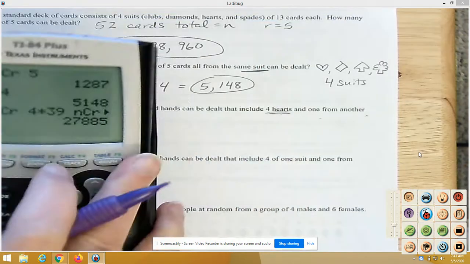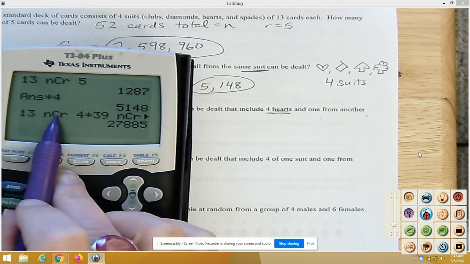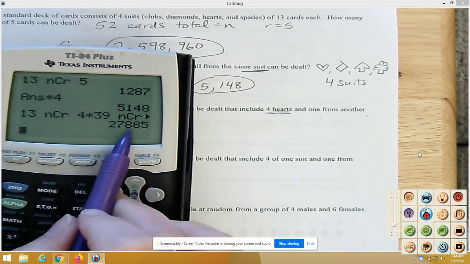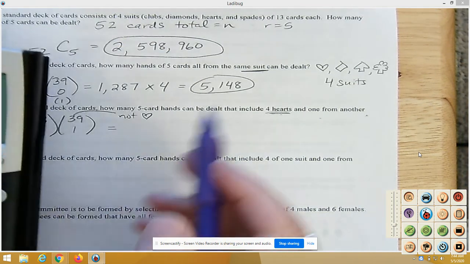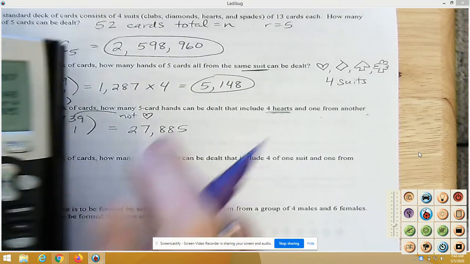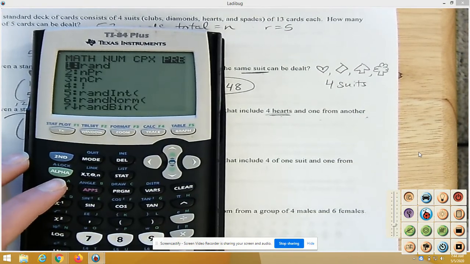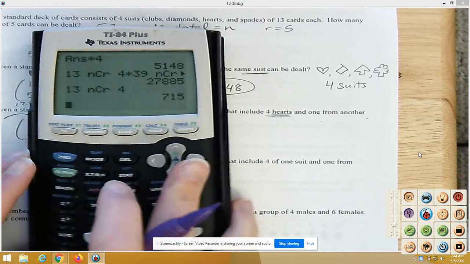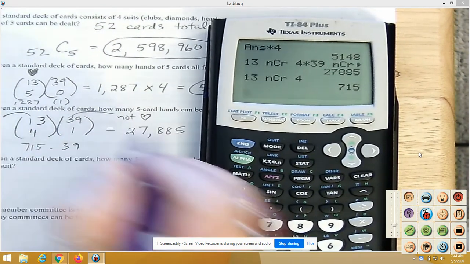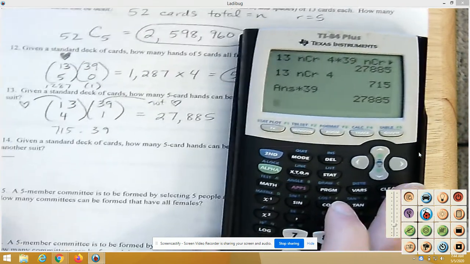If you do that all out, 13 C 4 times 39 C 1, I get 27,885. But watch, if I had just done 13 choose 4, I would get my 715. And then if you just know that that's times 39, you get your final answer. So that's just another way to think of it.